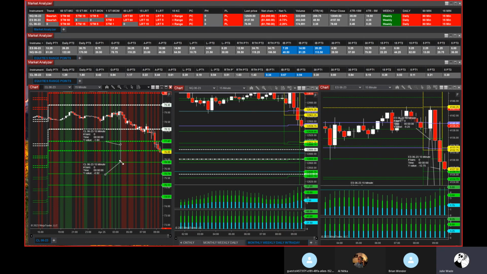One and a half times would be right there at the first target. So right there, bingo. As far as the range extension is concerned.